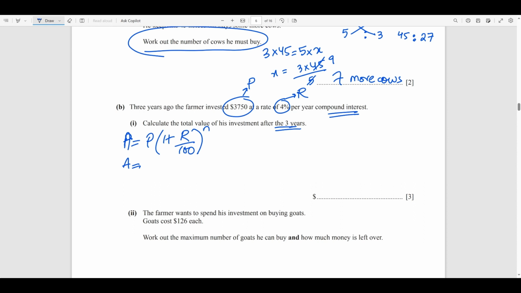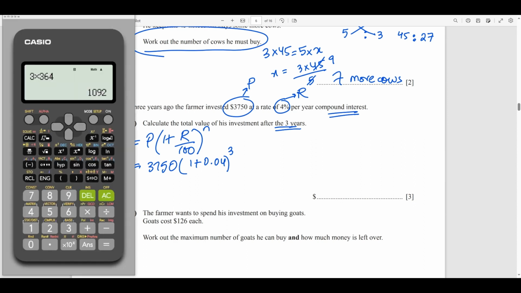Right. So principal is 3750. 1 plus rate, 4 divided by 100, is 0.04, power n. Right. Let me quickly use the calculator. 3750 times 1.04 to the power 3, right?